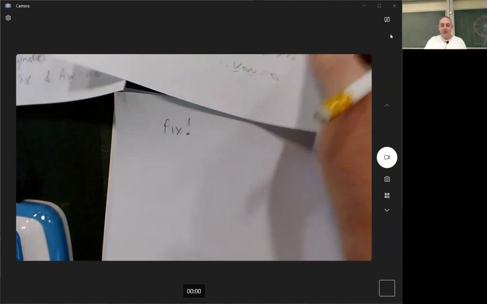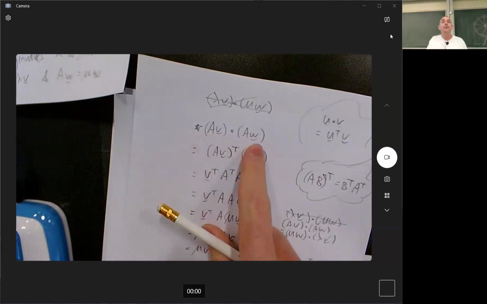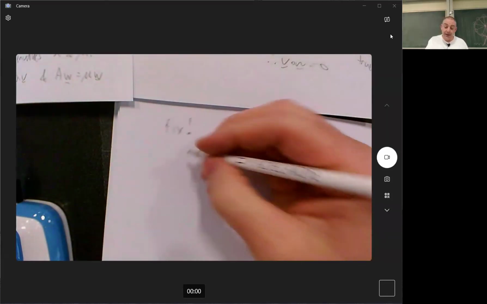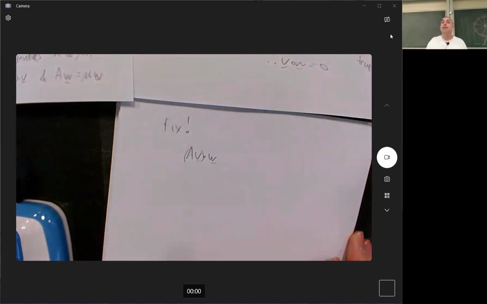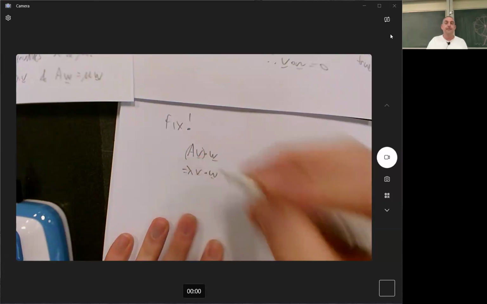What if I didn't have, the thing that caused this square here was having 2 A's in this formula? What if there was only 1 A in there? Then I wouldn't have the squared. So what if I had Av dot w? Yep. And so that's lambda v dot w.